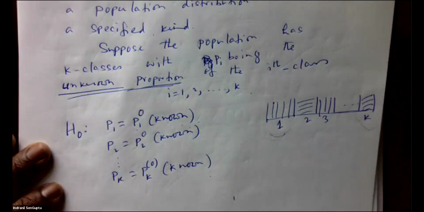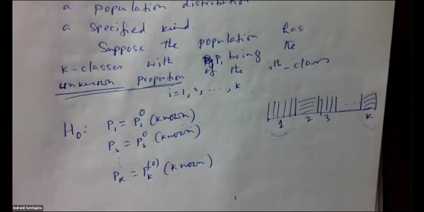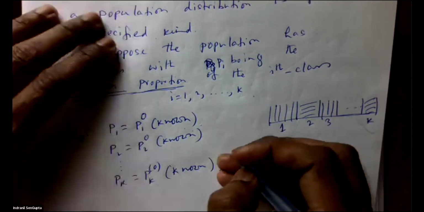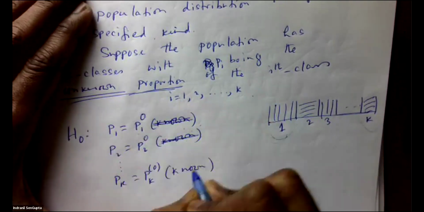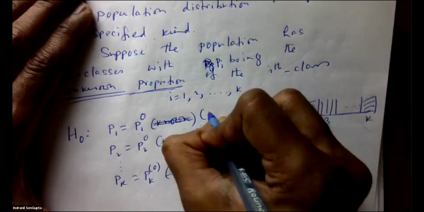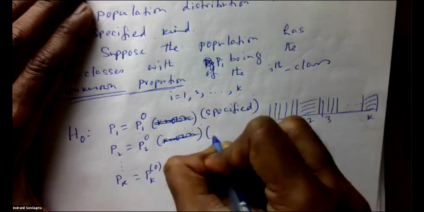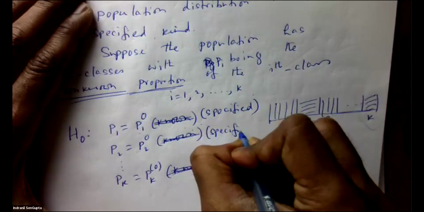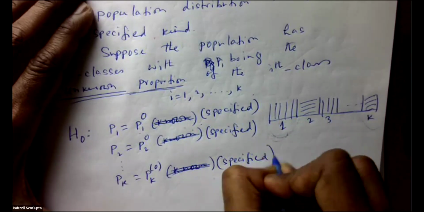We'll see how to do it when we do an example. I'm really not comfortable with the word known, so let's write this as specified. Yes, that's a much better word. Here all these are specified.